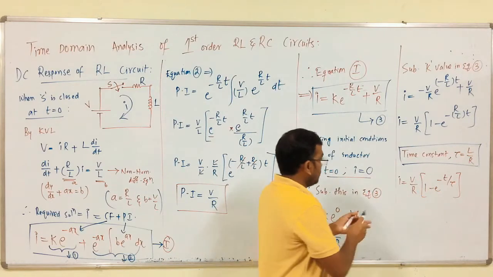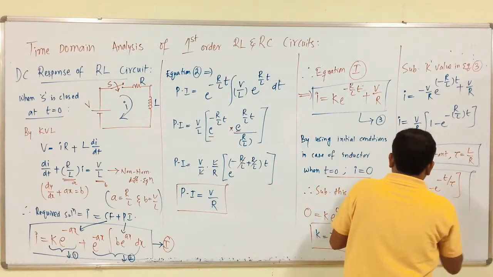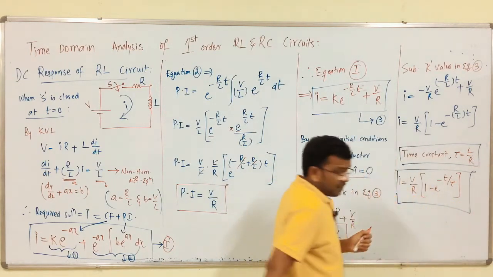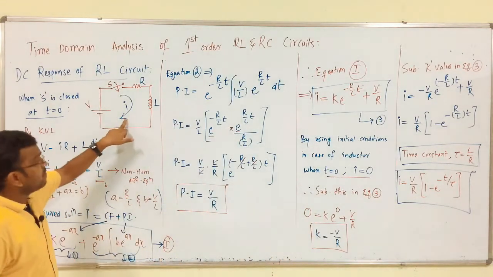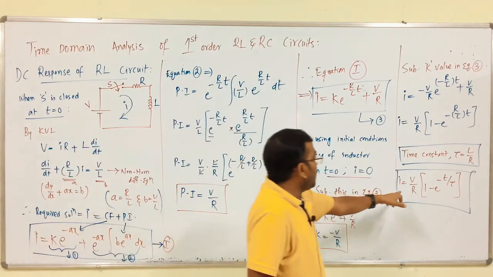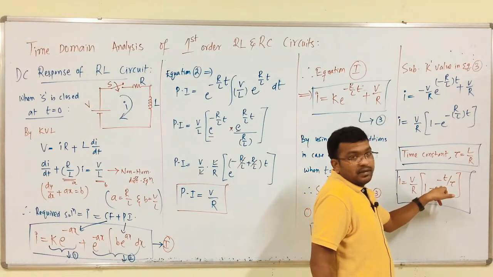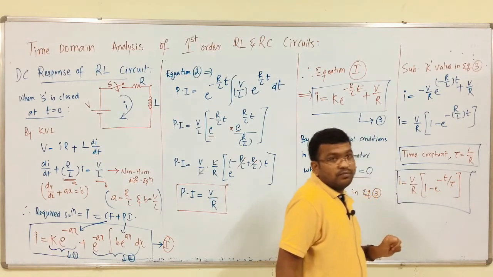So, this is the value of current. This current is nothing but V by R into 1 minus e power minus t by tau.